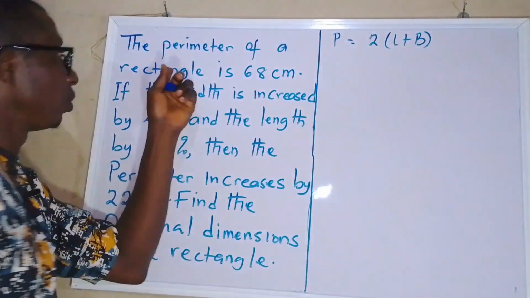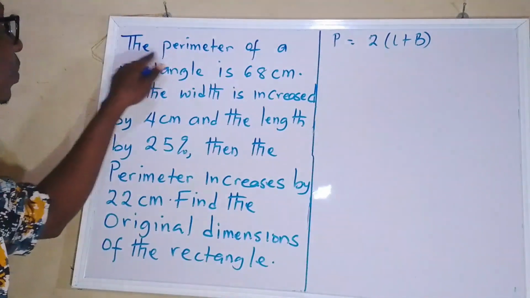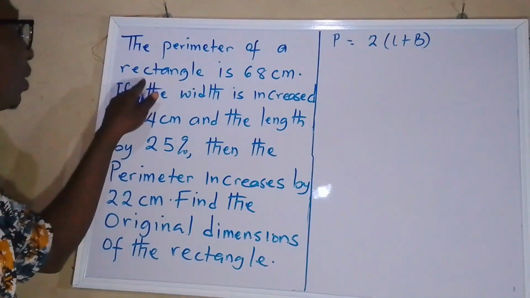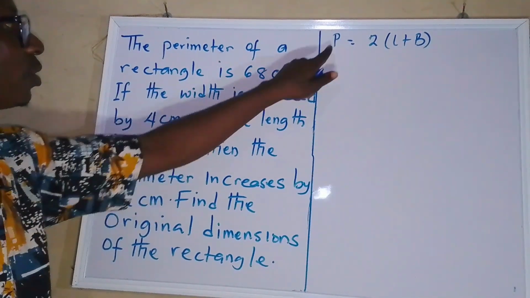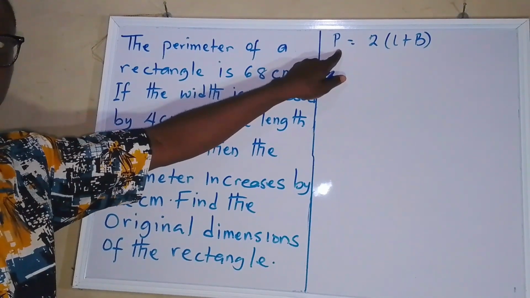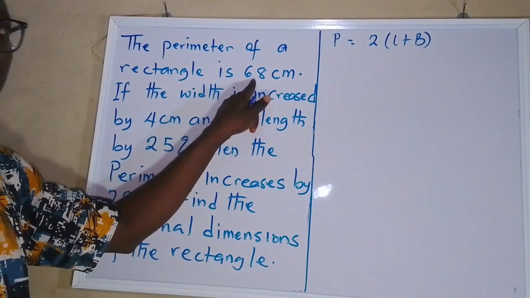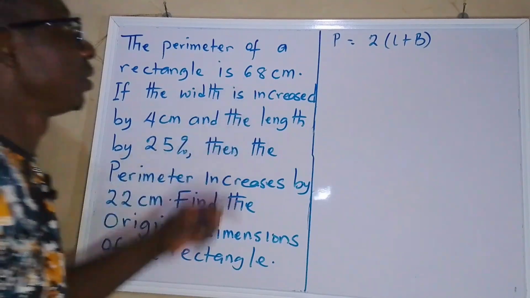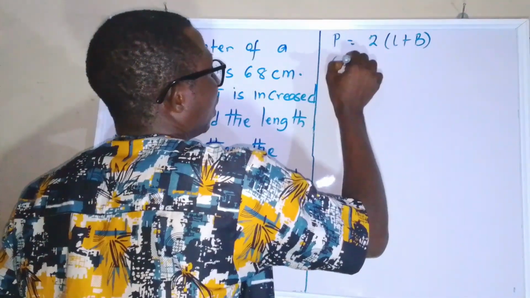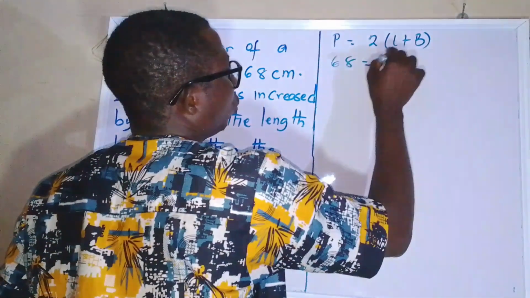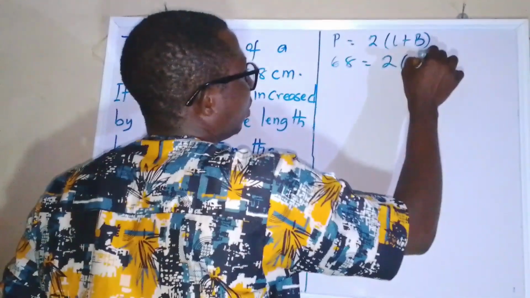Now, let's come down to the question. The perimeter of a rectangle is 68 centimeters. So that means in place of this P, we are supposed to have 68. So now we have 68 equals 2(L plus B).